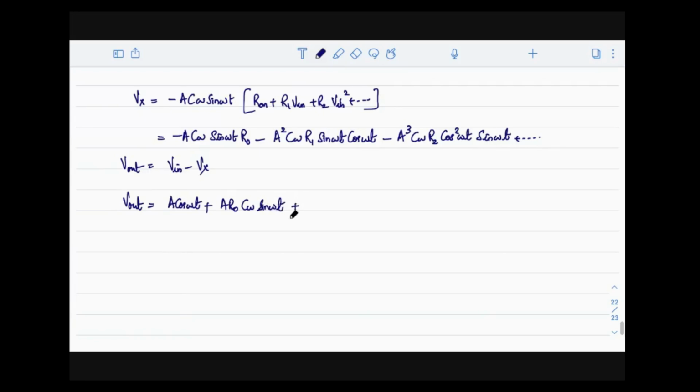Again plus A square into R1 into C omega into sin omega t cos omega t, plus A cube into R2 into C omega into sin omega t cos square omega t, right? And plus etc. This is how I can represent that. I hope you are with me. Those who have joined online, if you have questions, please hold on.